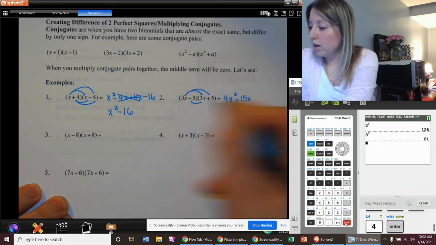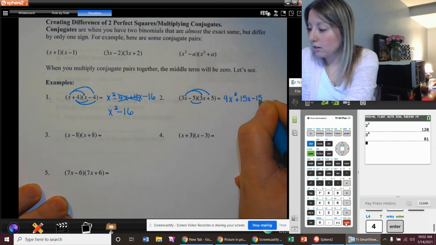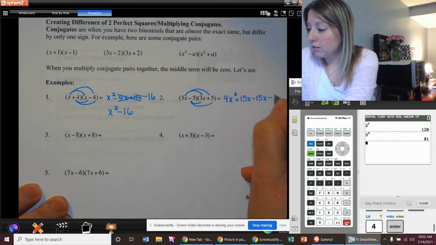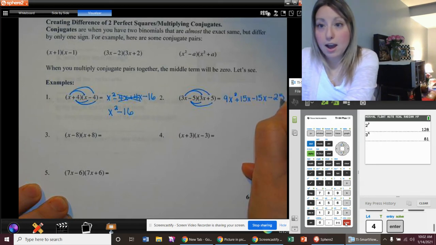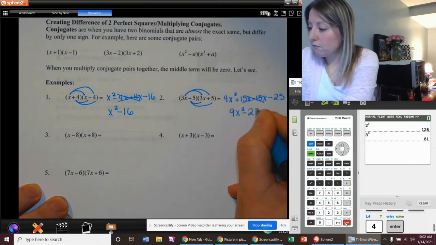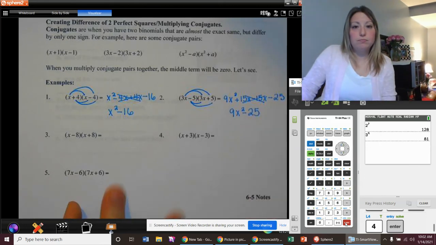Negative 5 times 3x is minus 15x for the middle. And then negative 5 times positive 5 is negative 25. So now these add up to 0. You get 9x squared minus 25 as your final answer.